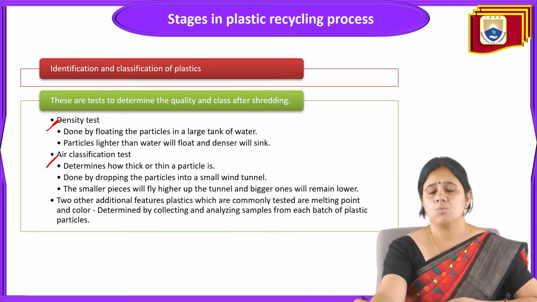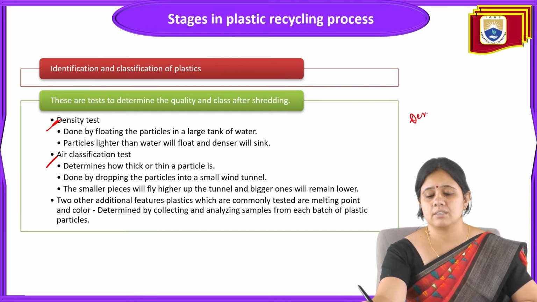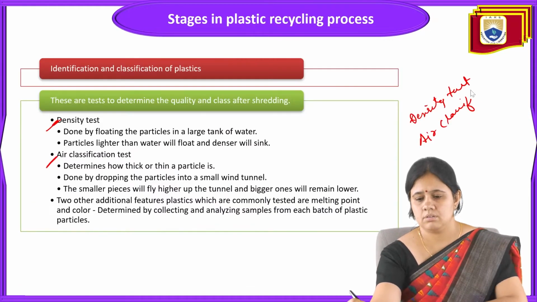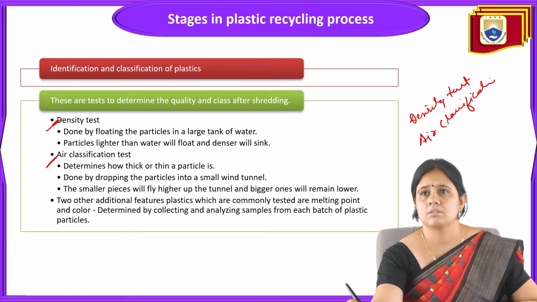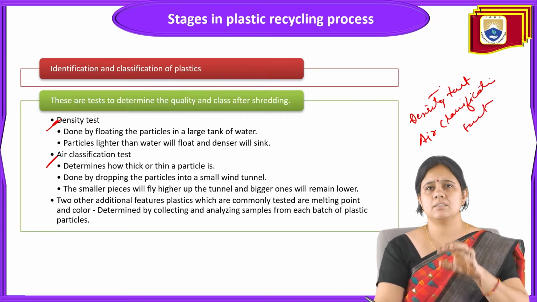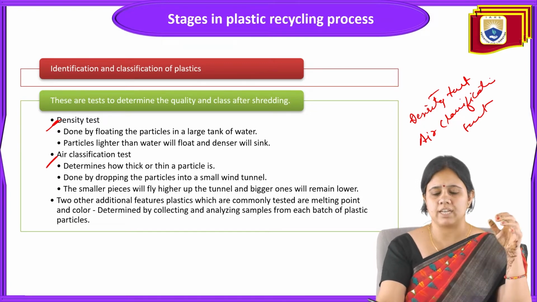After shredding, one test is the density test, and the next is the air classification test. The density test is done by floating the particles in a large tank of water.